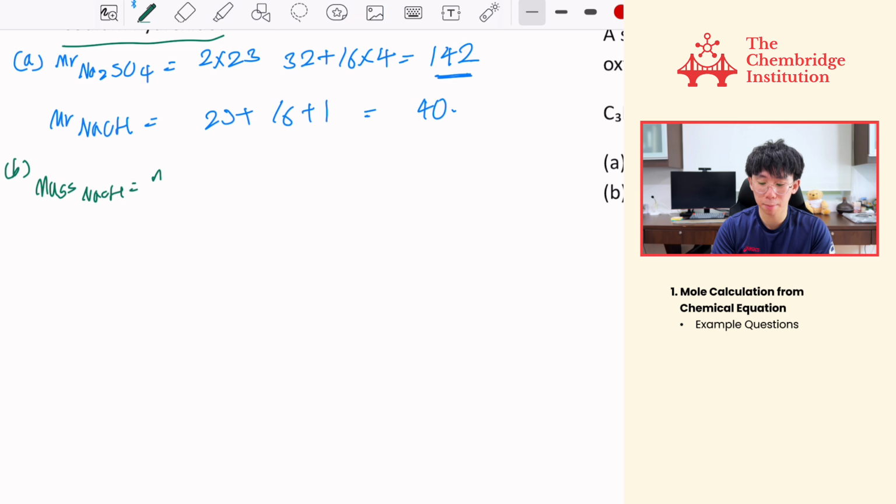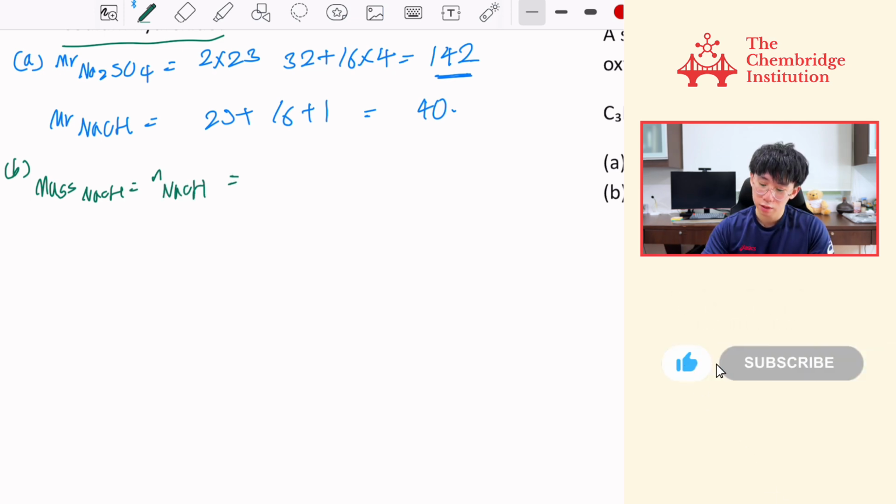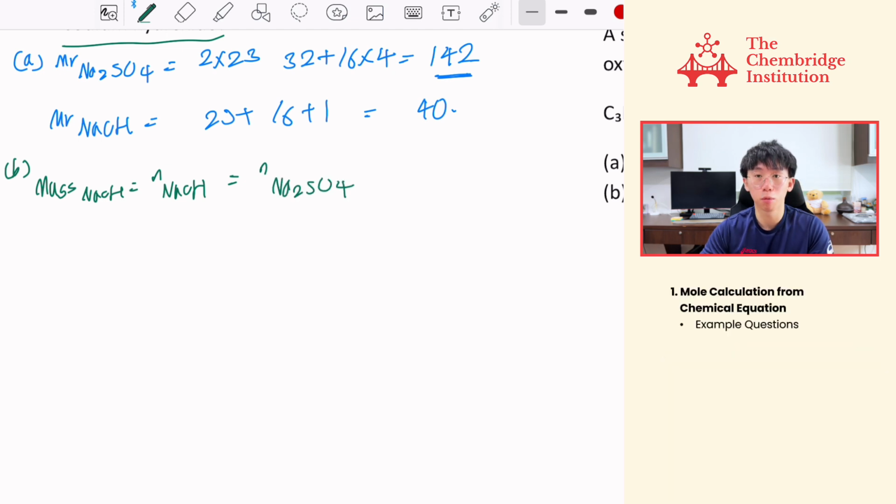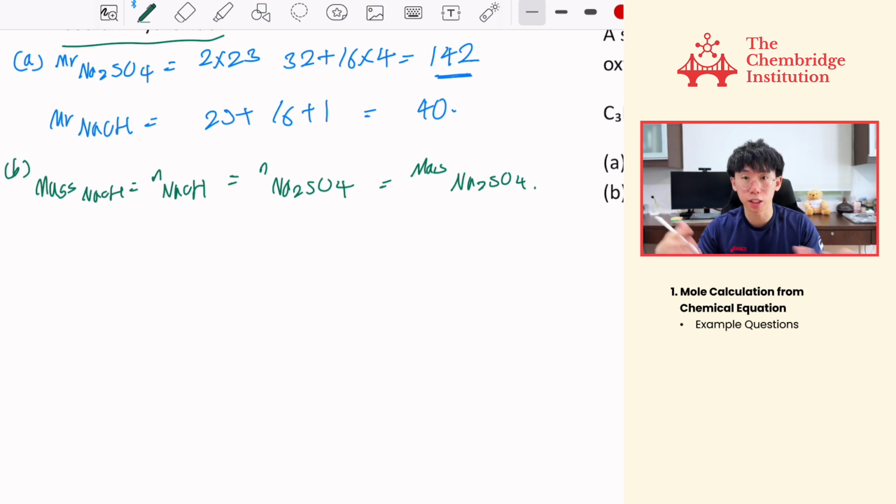We can find the number of moles of sodium hydroxide, then find the number of moles of sodium sulfate by a mole ratio, and then get the mass of sodium sulfate at the end. This is the whole rough process. You realize I'm just converting from mass to mole and then mole back to the thing I'm trying to find, which is mass. This is a very common theme in a lot of your calculation questions.